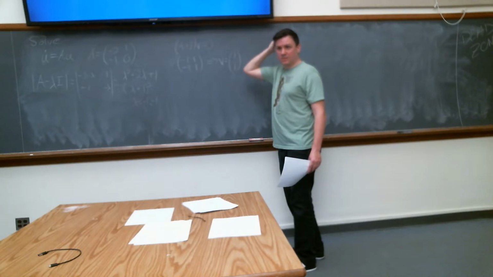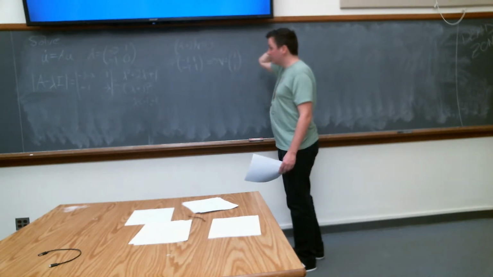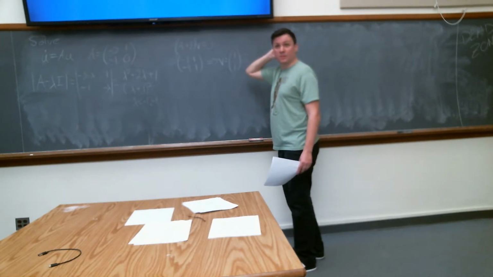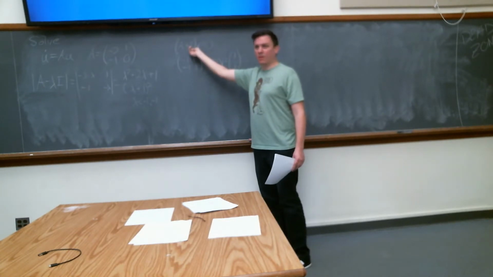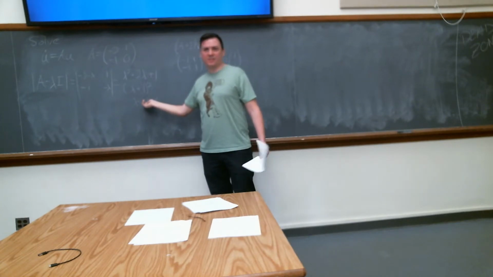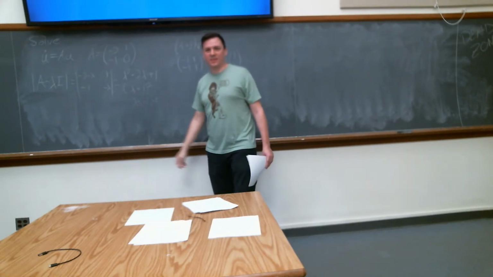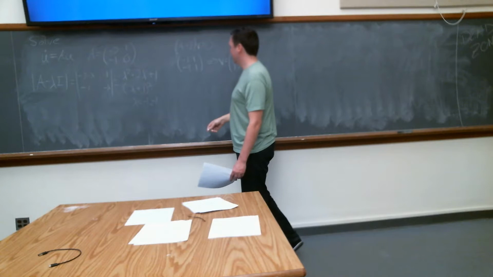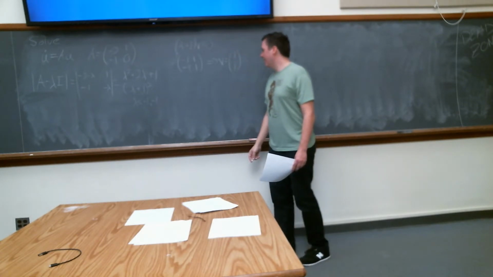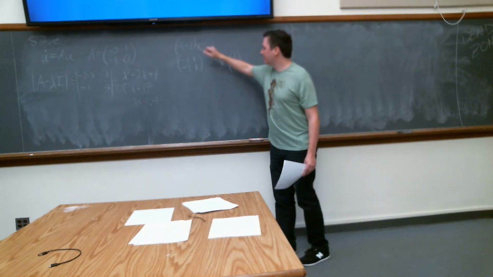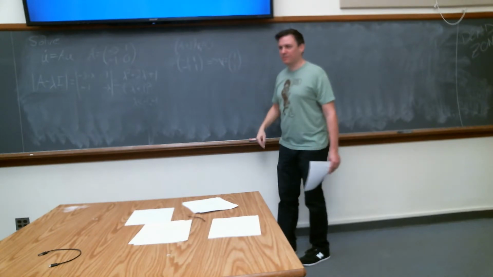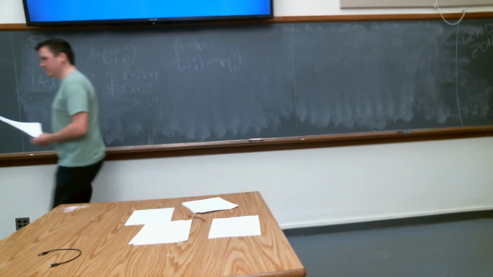Shouldn't it be A plus eigenvalue lambda I? Shouldn't that be A plus lambda here? Yeah, but just plug that in, it's minus 1. That's all. And V is our eigenvector. Call it V1.